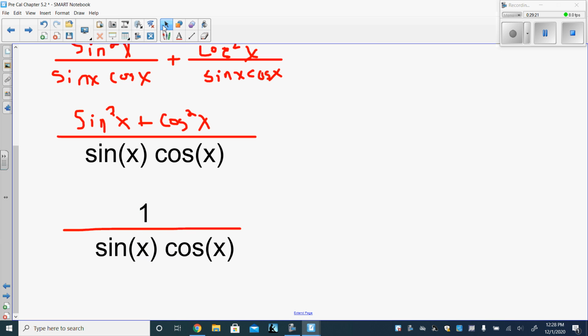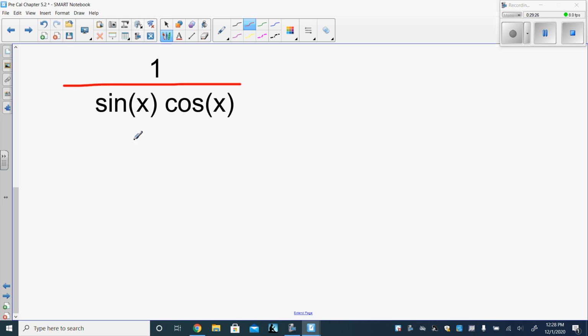Now, if I wanted to, we could break this up and say that we have two things multiplied together, because really this is the same as 1 over sine of x times 1 over cosine of x.